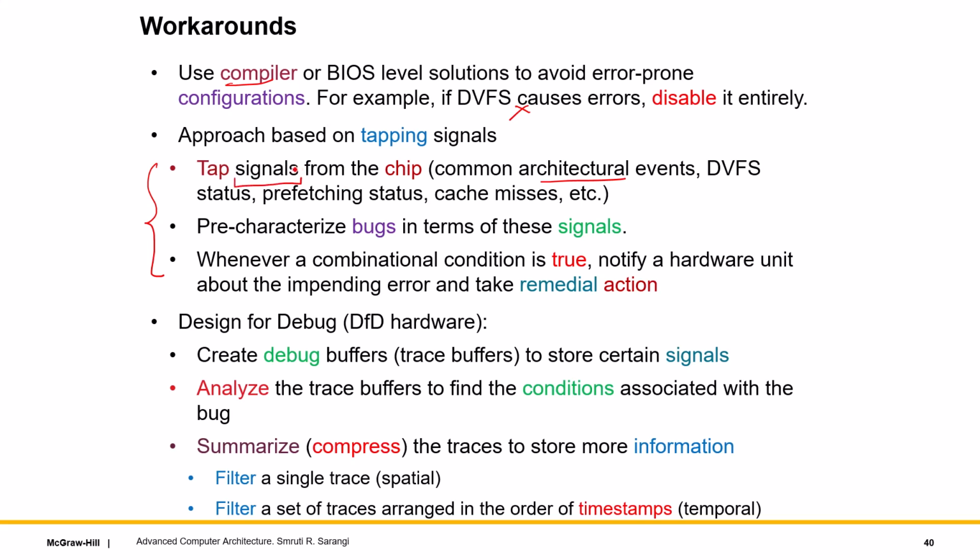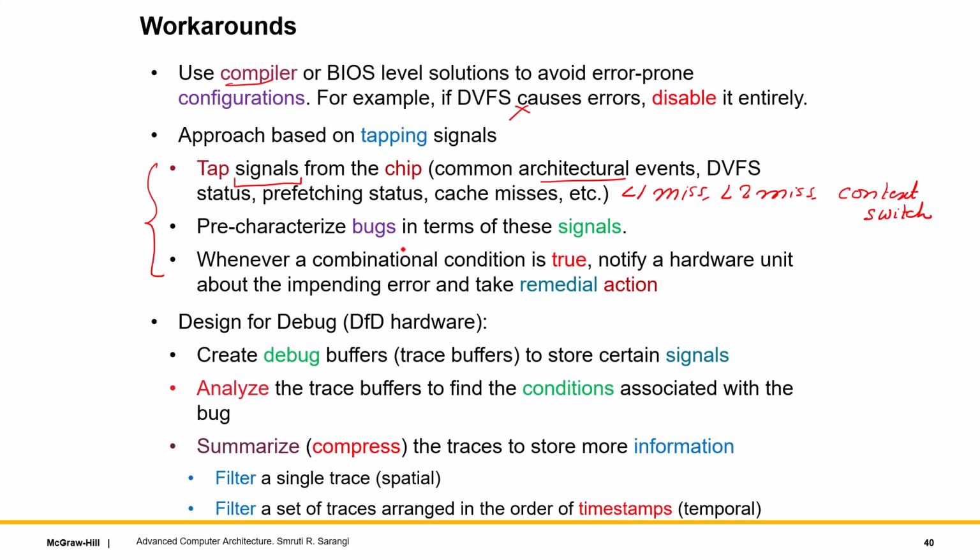I would say a signal is something like some event or some setting, right? For example, an L1 miss is being serviced, an L2 miss is being serviced, a branch misprediction is being serviced, or we get some special instruction or a context switch, or DVFS is going on, something like that, right?